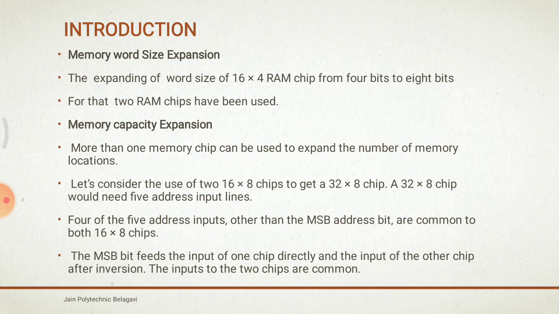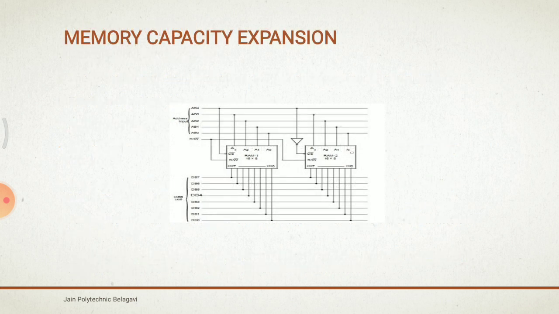The overall arrangement offers a total of 32 locations, 16 provided by RAM 1 and 16 provided by RAM 2. The total overall capacity is thus 32 cross 8. That is the memory capacity expansion you are going to do. So this is a diagram.